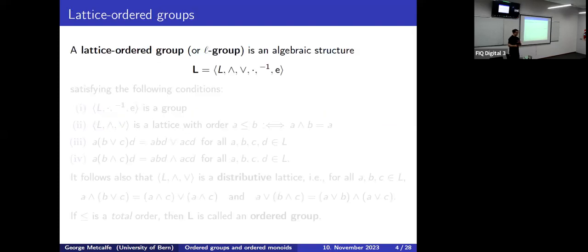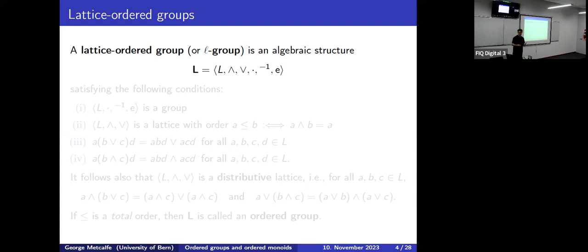So this is the key slide for the definitions in this talk, so please interrupt if something isn't clear. A lattice-ordered group, or L-group for short, is an algebraic structure, which just means we have a non-empty set and some operations.